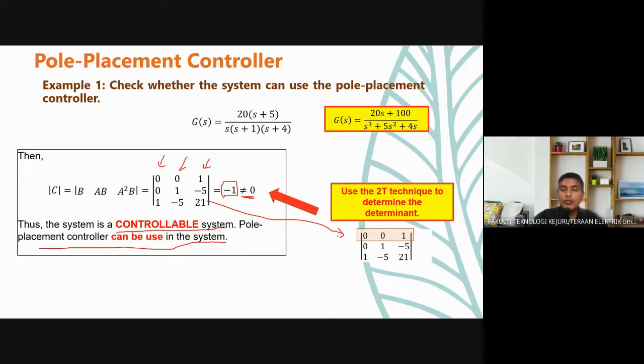However, I want to use this one because it is easy, because there are many zeros. Then I write down 0, take the row information here, and apply the signs, positive, negative, positive. Finally, I get the answer -1. So this is how I calculate the determinant of the C matrix.